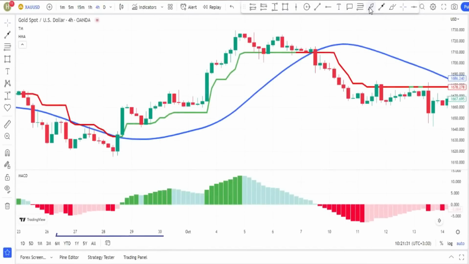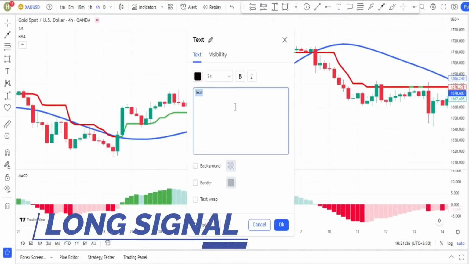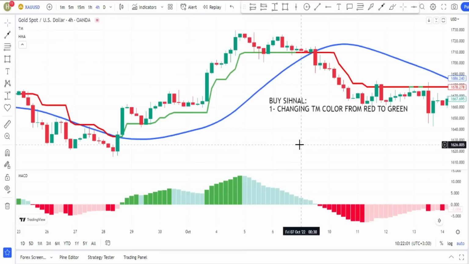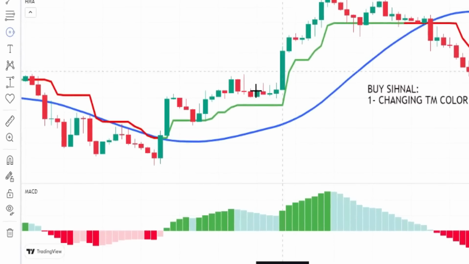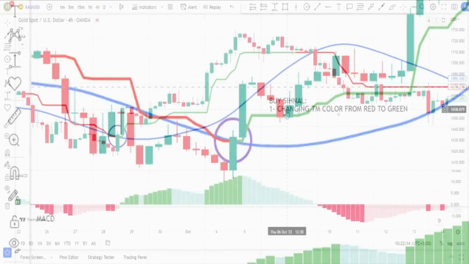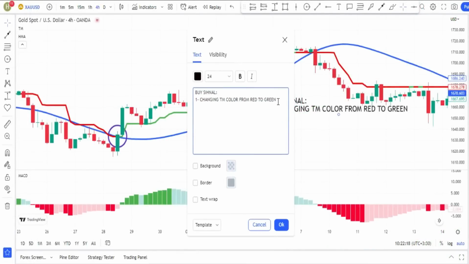To have a valid buy signal, the Trend Magic indicator must first switch from red to green. Then a candle should close above the HMA 100.